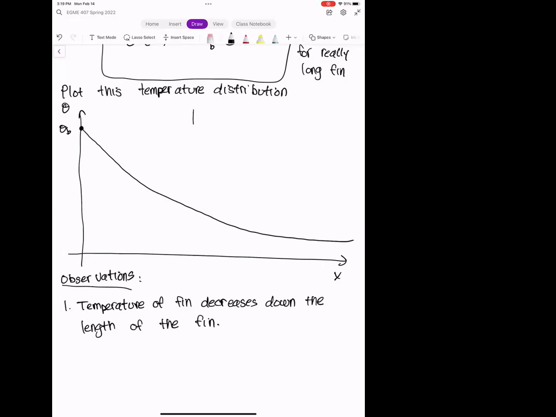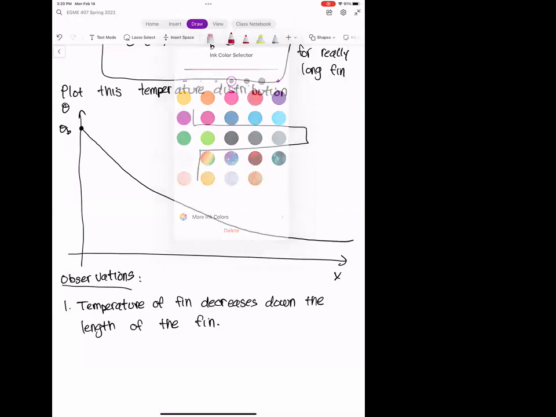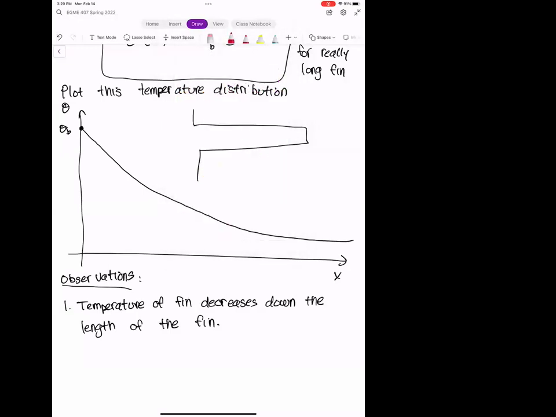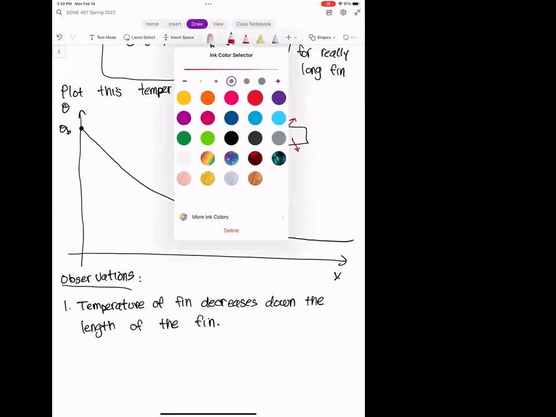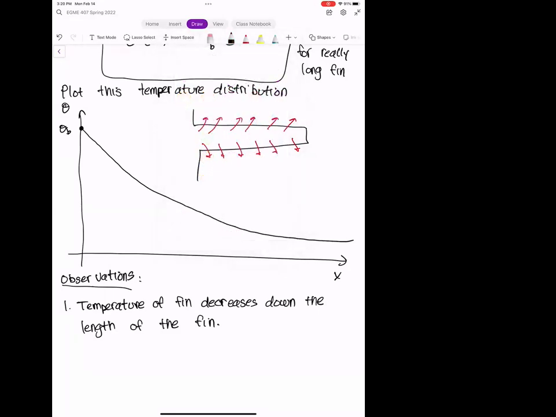If we draw the fin, remember, we're tracking the temperature as we move from the base toward the tip of the fin. What's happening as we go from the base to the tip? As we move from the base to the tip, the fin is naturally losing heat due to convection. Because the fin is losing heat, the temperature is going to decrease.